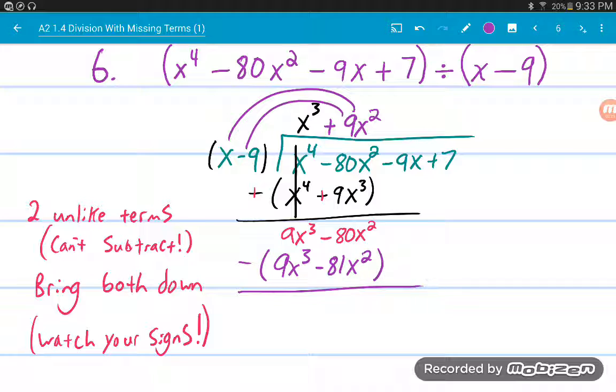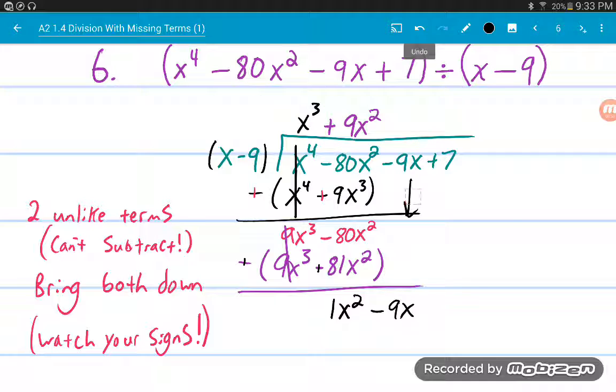The terms match up, so that's going to cross out. I've got another double negative, negative and negative. Be careful for those. Those become positives. Now, what's 81 minus 80? It's going to be 1x squared. Bring down the negative 9x.